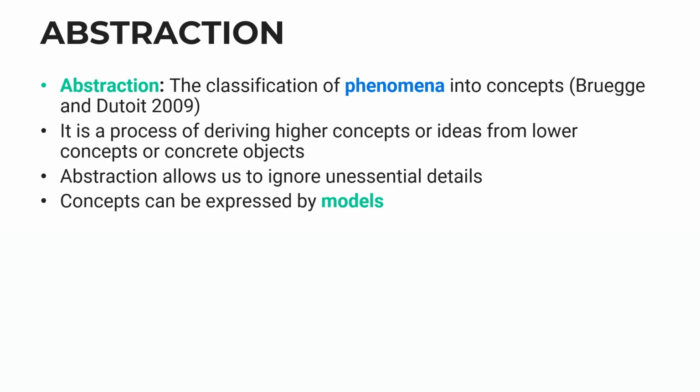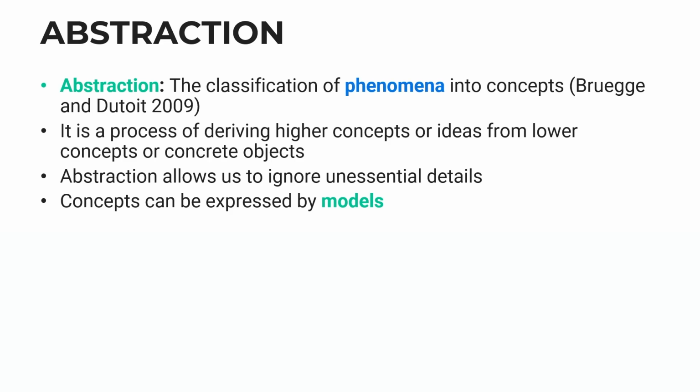In the field of computer science and software engineering, an abstraction refers to the process of simplifying phenomena or events or things by focusing on the essential characteristics while hiding unnecessary details.